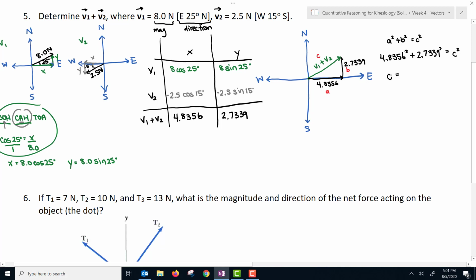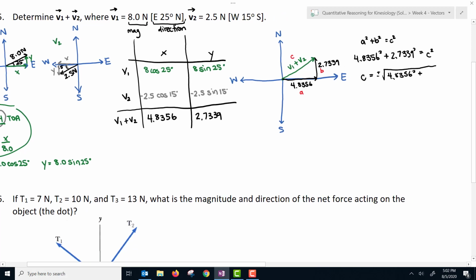So I'm going to solve for c, and it equals plus or minus the square root of 4.8356 squared plus 2.7339 squared. Now notice each time I've been writing plus or minus, but I've been leaving the answer as just a positive answer. That's just because there's no such thing as a negative length. So every time you do this, it's good form to write plus or minus, but really the answer is positive because you can't have a negative length.